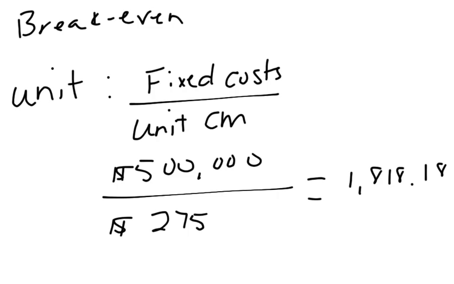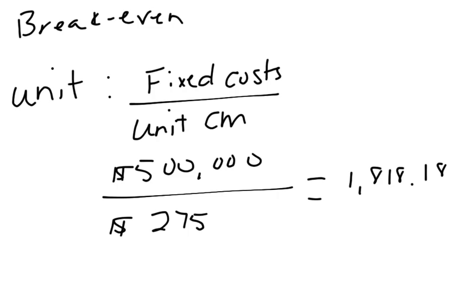Now we're rounding, so that's not an exact figure, but this is the number of units. So, let's go back. Fixed cost $500,000, unit contribution margin $275. This tells me that my break-even units is 1,800 and about 18 units. So if I sold those, I would break even. I wouldn't make profits, but I wouldn't have a loss.